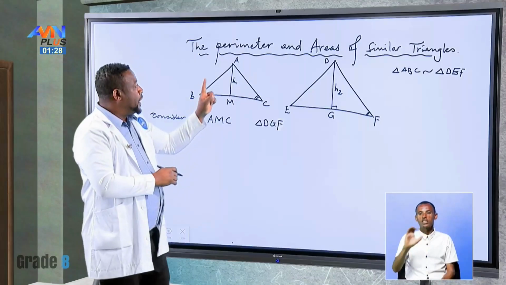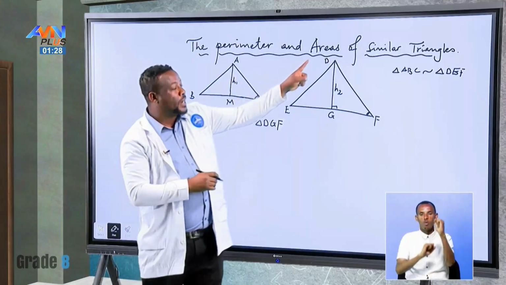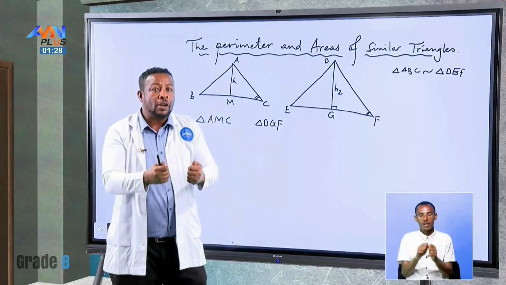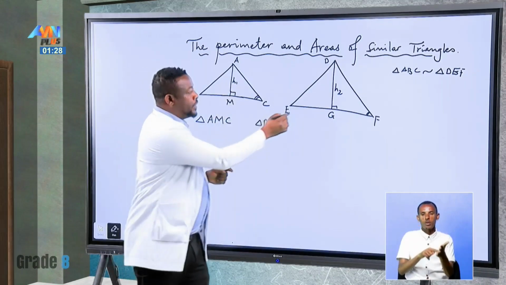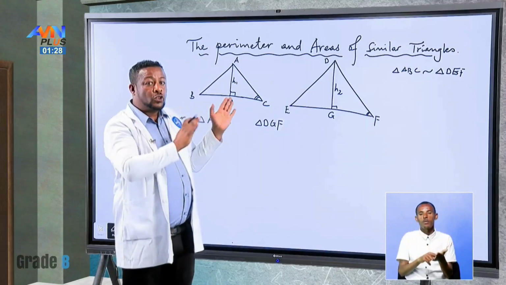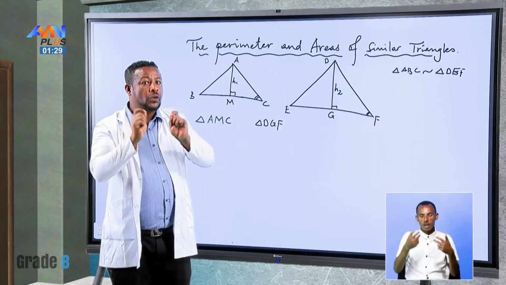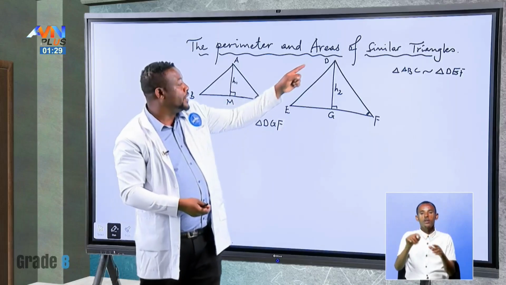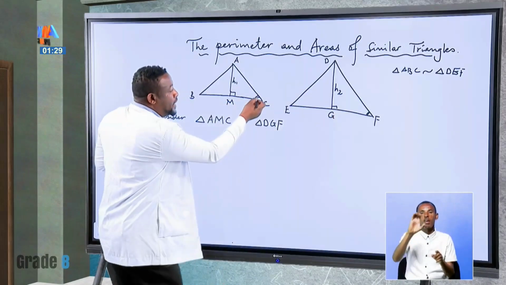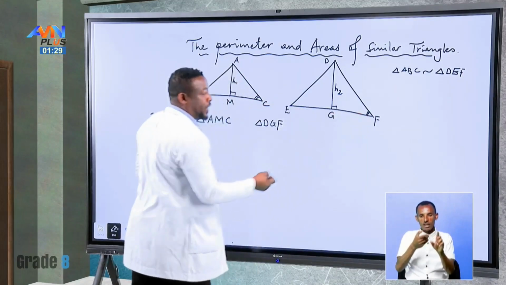Look, if you compare these two triangles, they form 90 degrees at this point and this point. The two triangles have one congruent angle. The other thing, by similarity of triangle ABC and DEF, angle C and angle F are congruent.